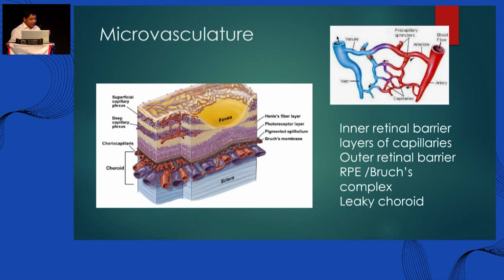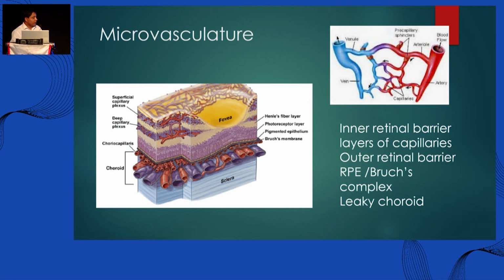The outer retinal barrier is basically your pigment epithelium, and under that you have the choroid. Just under it, you have the choriocapillaris with extremely leaky vessels.